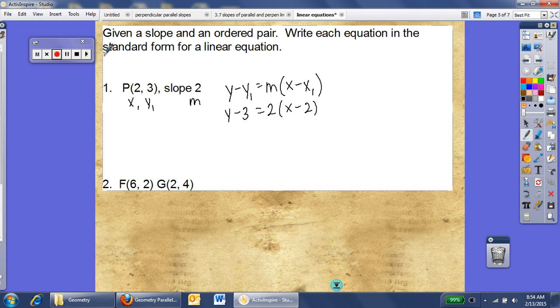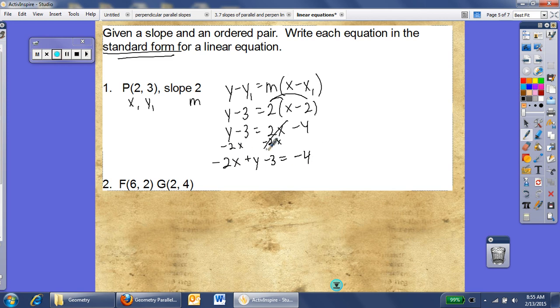Now the directions say to write it in standard form. Standard form means that the x's and the y's are on the same side. So let me manipulate this equation so that I can do that. So I have y minus 3 equals, distributing here, 2x minus 4. Now I need this 2x to go on the left side with the y. So I'm going to subtract 2x on both sides. So I get negative 2x plus y minus 3 equals negative 4.